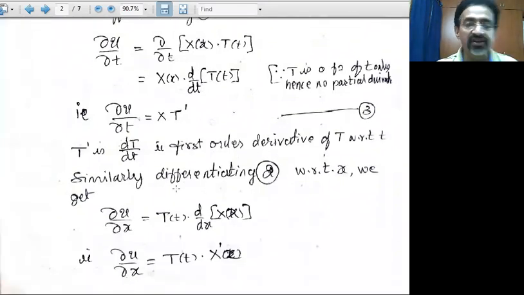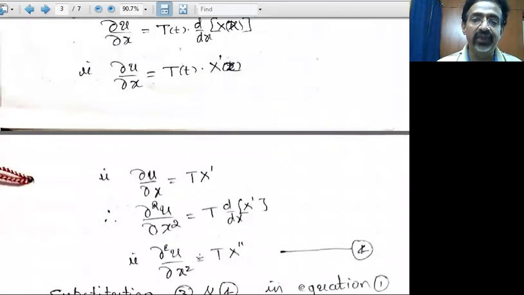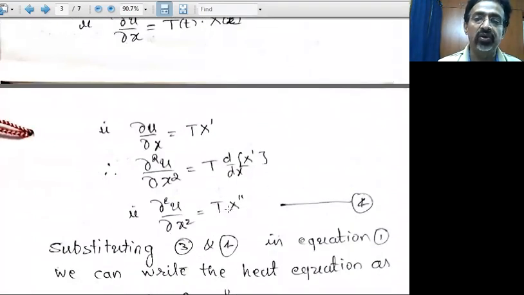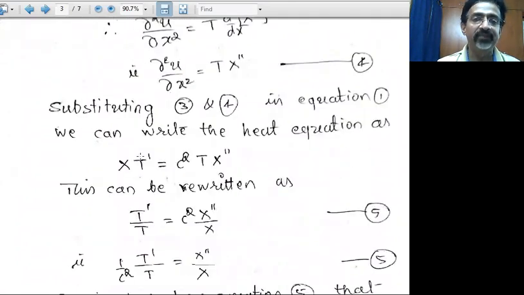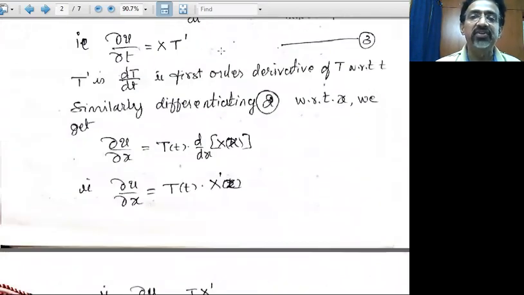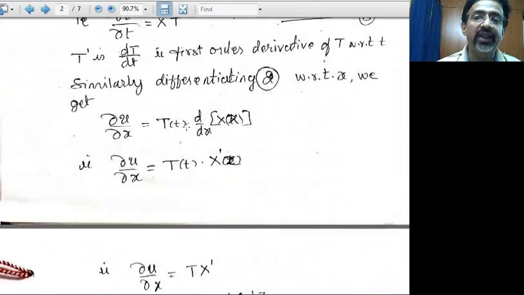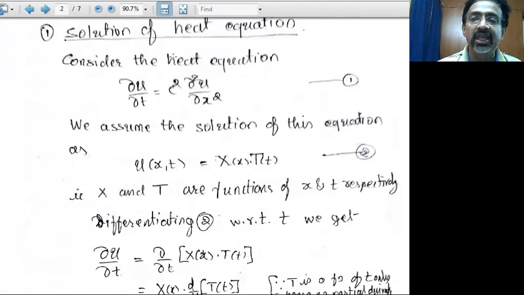Similarly, if I differentiate u with respect to x twice, I get del squared u by del x squared is equal to T times X double dash. Now I substitute equation 3 and equation 4, del squared u by del x squared and del u by del t, in my equation 1.